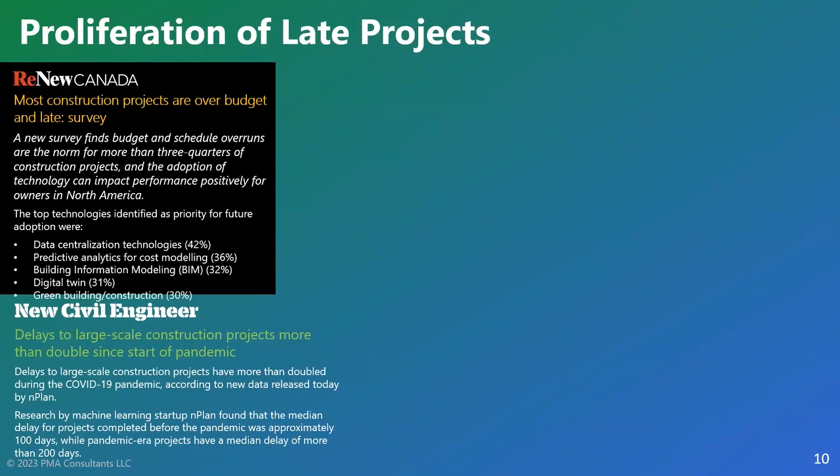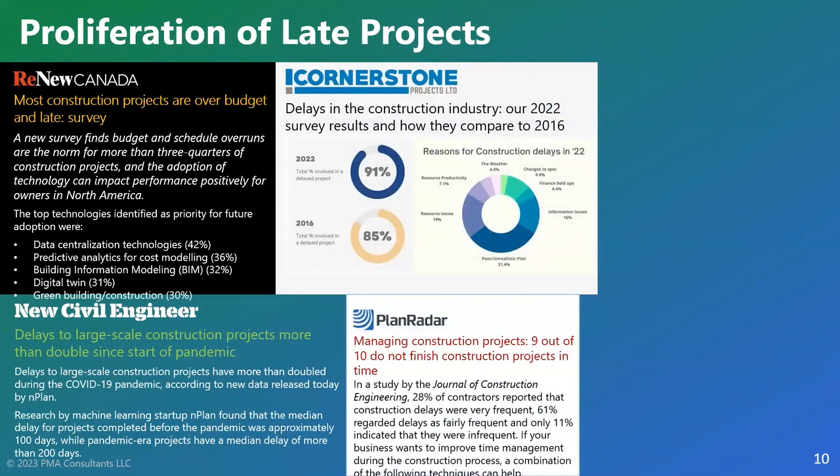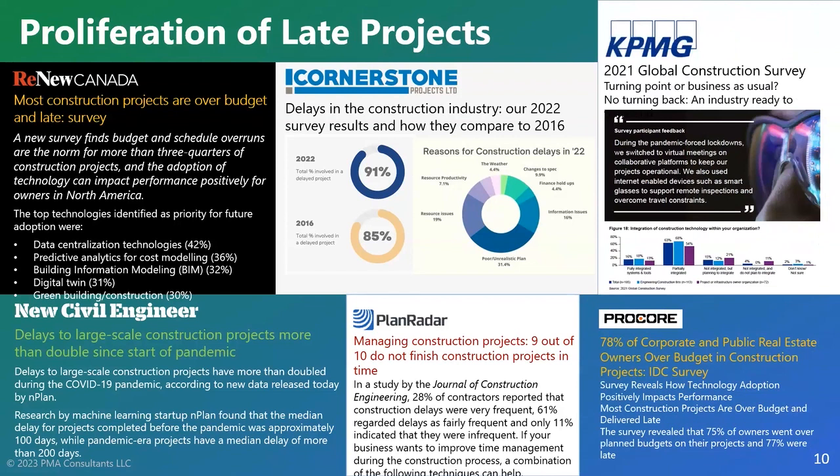A new survey finds budget and schedule overruns are the norm for more than 3/4 of construction projects. I mean, that's just staggering. I mean, this is 2021, 22, whenever. And it just goes on. 9 out of 10 do not finish construction projects in time, and so on and so forth.